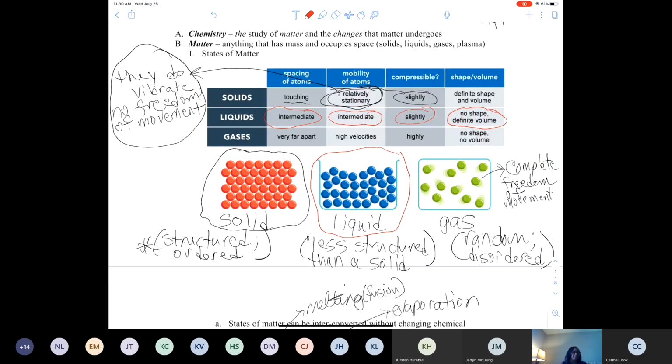And then finally, gases. You notice that the gas particles are spread out far apart from each other. And they have complete freedom of movement. So they have kinetic energy because they have freedom of movement.